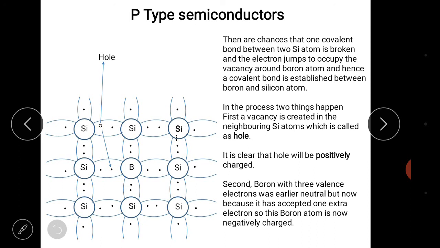First, a vacancy is created in the neighboring silicon atom, which is called a hole. It is clear that the hole will be positively charged. Second, boron with 3 valence electrons was earlier neutral, but now because it has accepted one extra electron, this boron atom is now negatively charged.